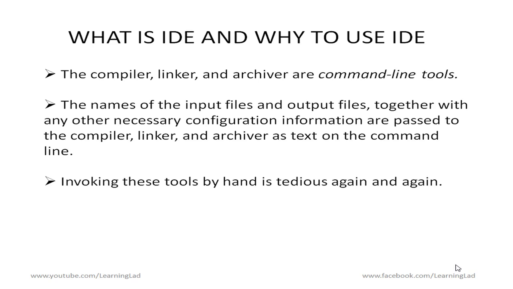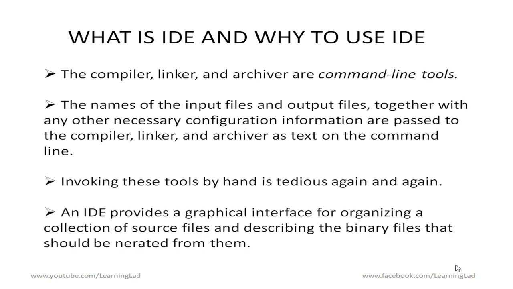It's time consuming. So to solve that, we're going to use IDEs. An IDE provides a graphical interface for organizing a collection of source files and describing the binary files that should be generated from them. So we just need to click some buttons in the IDE, the graphical user interface, and then the specific compilers, linkers, archivers, and all those things are called automatically, and we'll get the application.